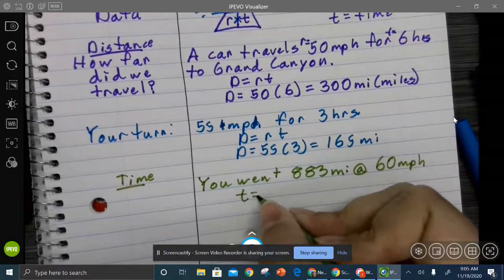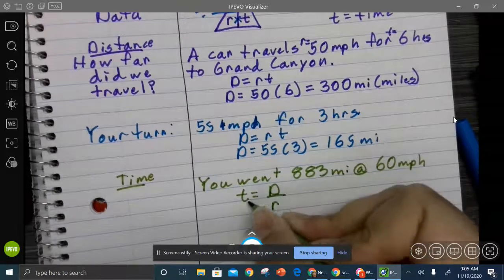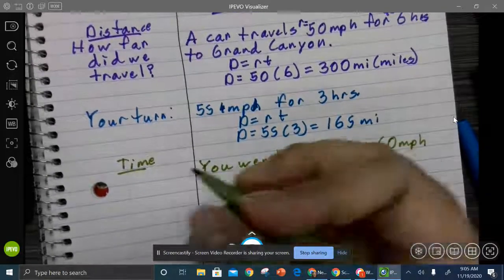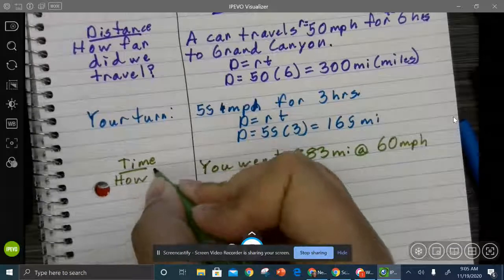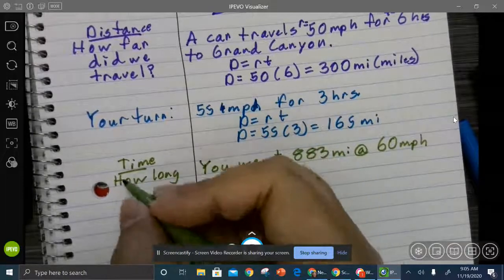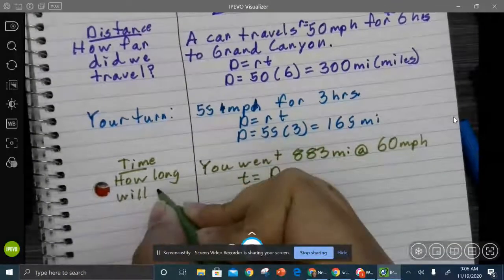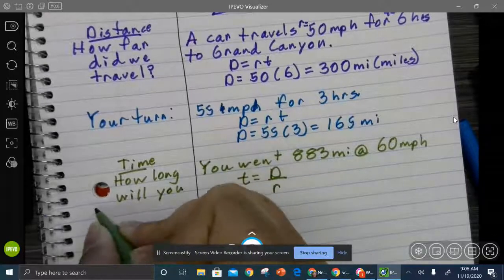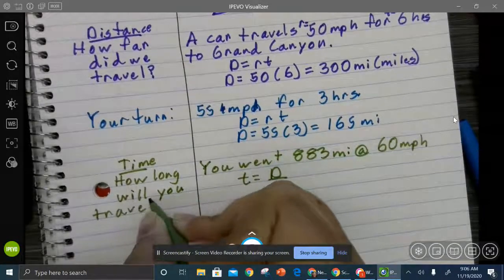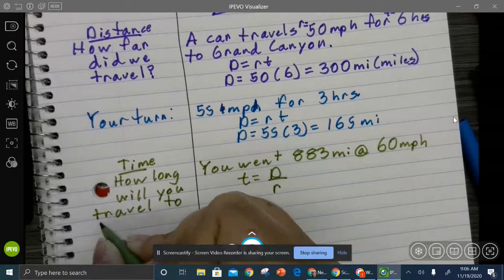Time is equal to distance divided by the rate. How long, everybody, also tells you that you're solving for time. How long would it take?